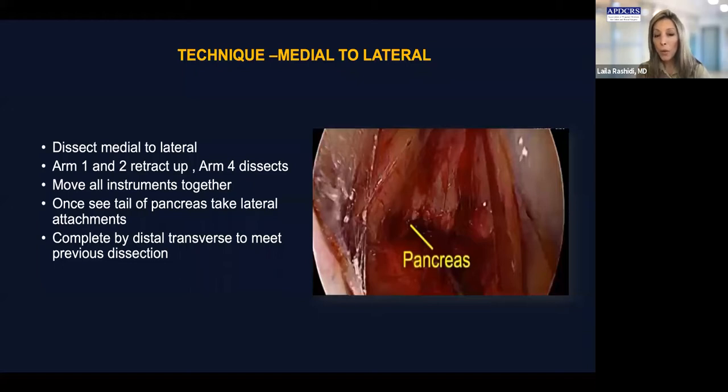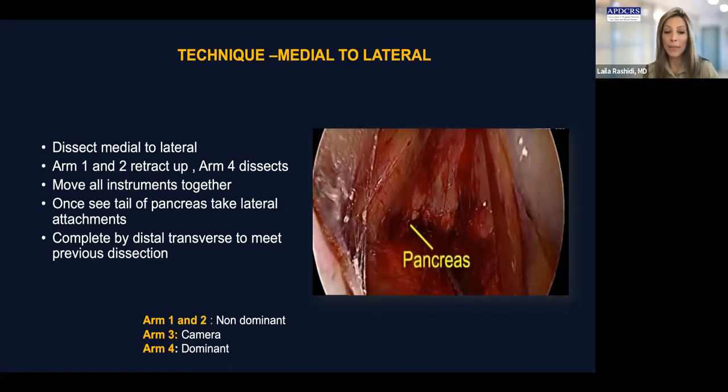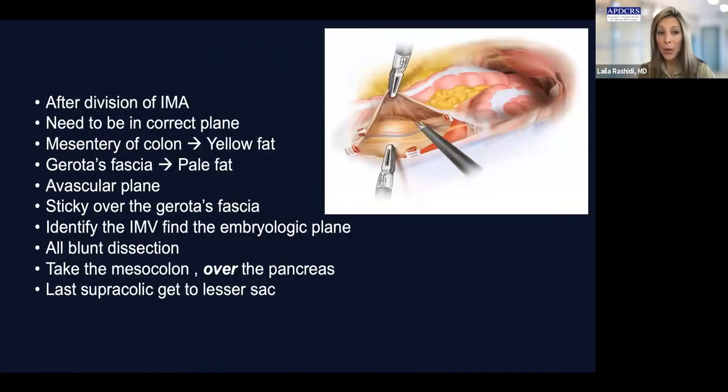So you go all the way till you see that tail of the pancreas. Then you can move everything to the medial aspect and do your last lateral attachment. And then you can complete and reach the previous area by your transverse colon, how you saw we did it in the supracolic fashion. So here you divide your IMA.